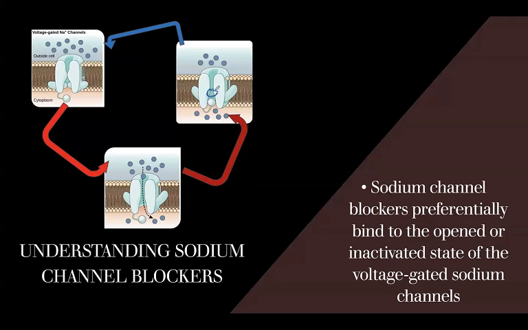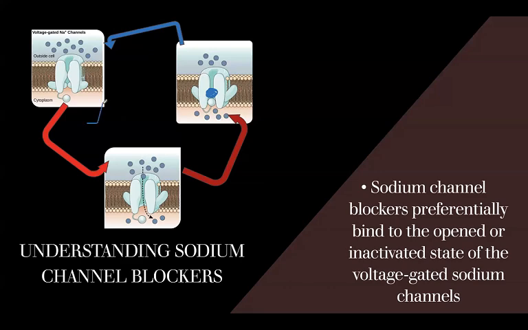Okay, go to block the pore here, and mostly they like to bind to the channel when it is in the inactivated state. So when they block at this place, the channel is unable to return to the closed state. And previously, we have said that if the channel doesn't get back to the closed state, it will not be ready to be conducting again or to open again for more sodium to enter.